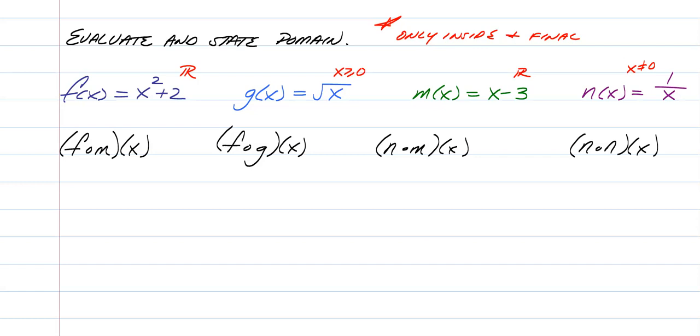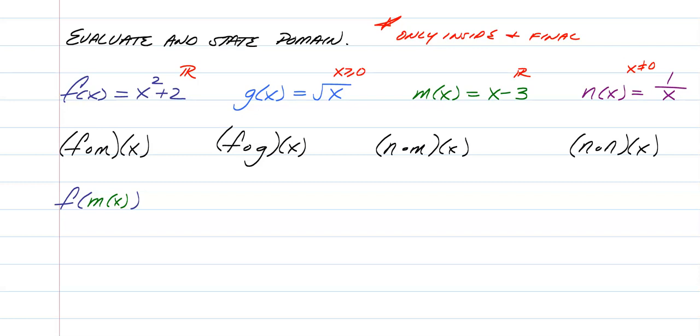Next, we have to perform the composition. So this is f of m of x. So this might help if we color coordinate. So what we are going to do is we are going to plug m of x into f of x. So, nice little tip, write out the outside one, but just put parentheses wherever you had an x.